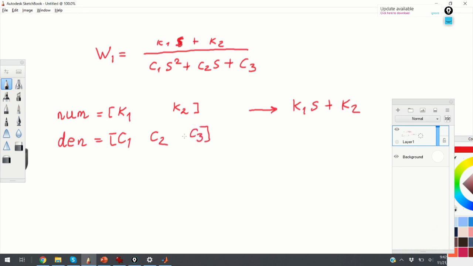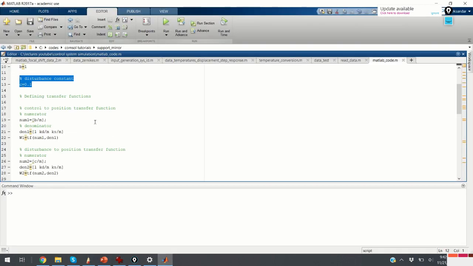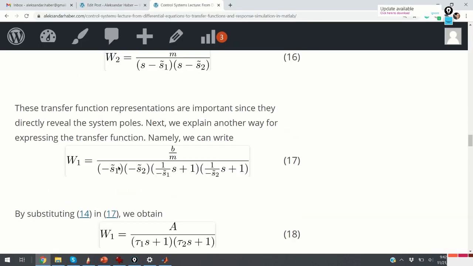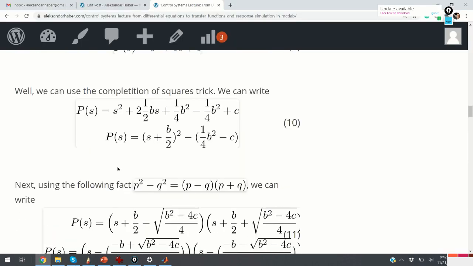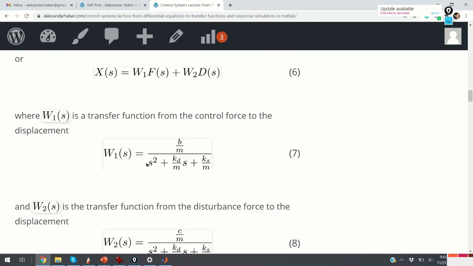Okay, if we go back to our case, to our transfer function, and to our system, we will obtain that our W1 has the following form. So its coefficients, or the values of the polynomial in the numerator and the denominator, will correspond to a vector.